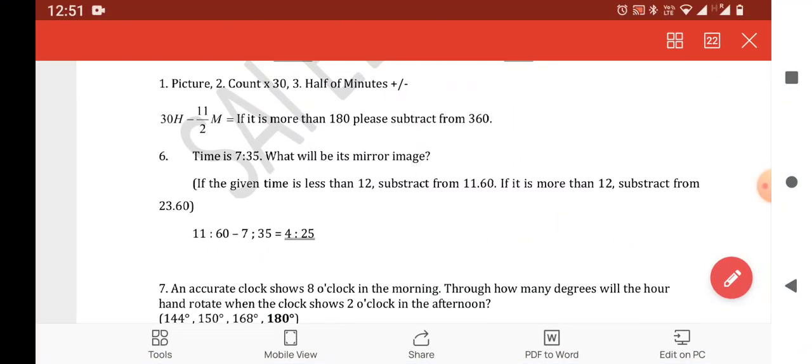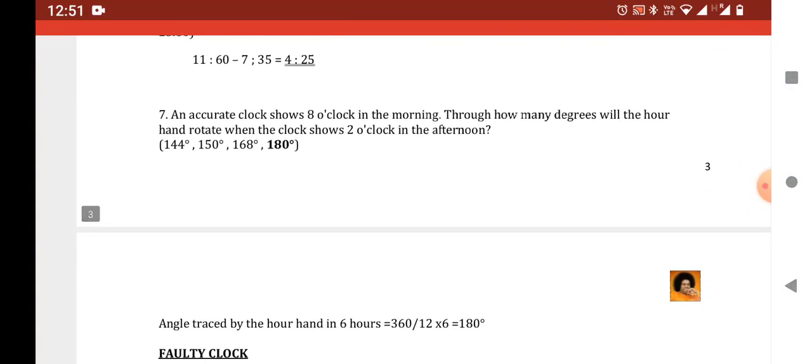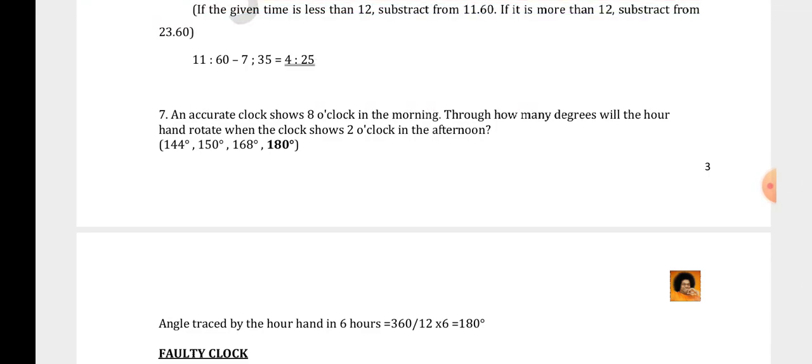Question number 7. What is question number 7? An accurate clock shows 8 o'clock in the morning. Through how many degrees will the hour hand rotate when the clock shows 2 o'clock in the afternoon?